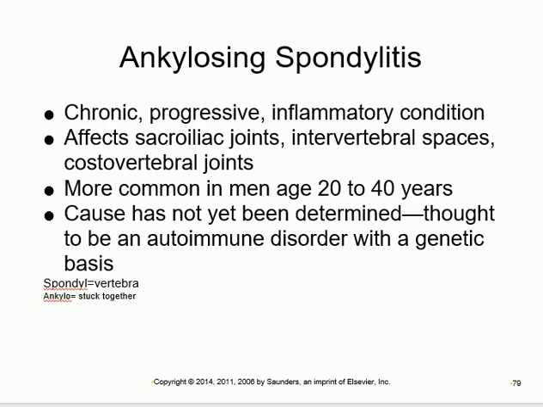I added it in the slides to remember it. Like in the rheumatoid arthritis, the two bones here are stuck together. You can't move it. You cannot move it, right? So ankylosing spondylitis, ankylo means stuck together. Spondyl means vertebrae. So the vertebrae are stuck together.